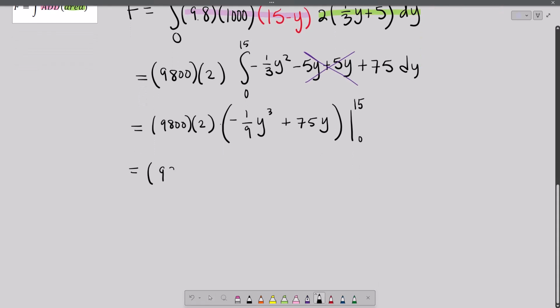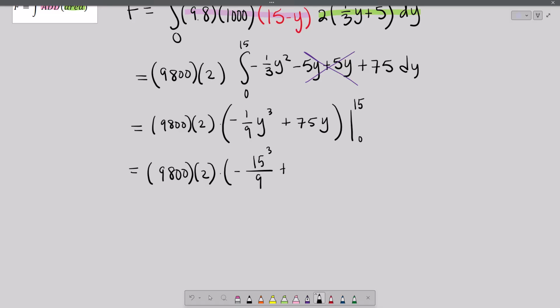The 0 doesn't give us any force. Plug in 0, we get 0. So we only have to concern ourselves with the 15. So minus 15 cubed, whatever that happens to be, we'll get to it in a second, plus 15 times 75.